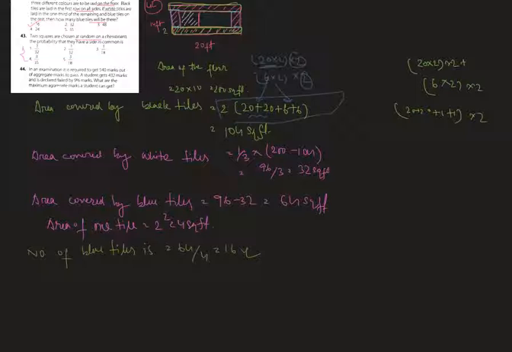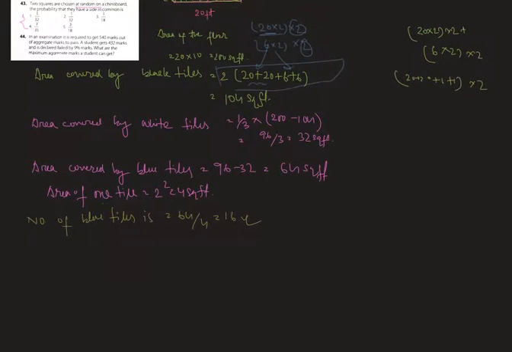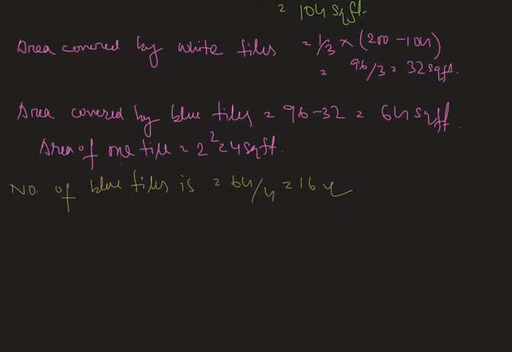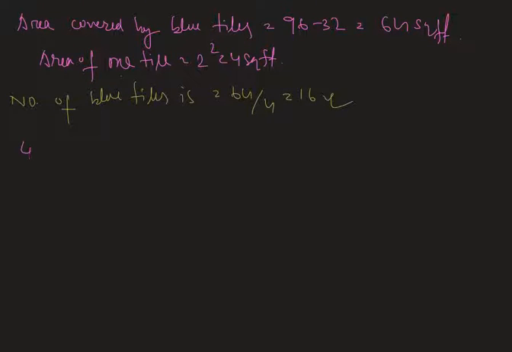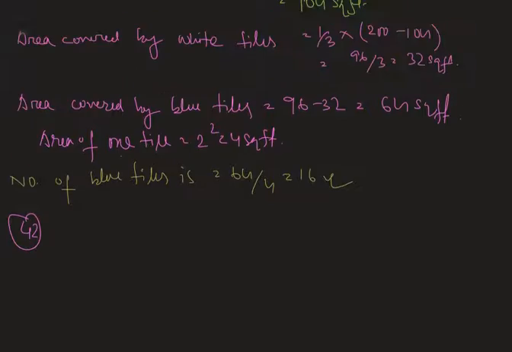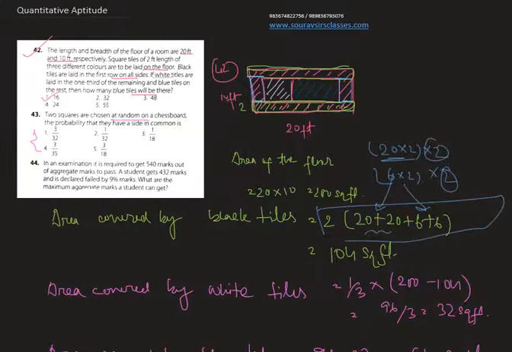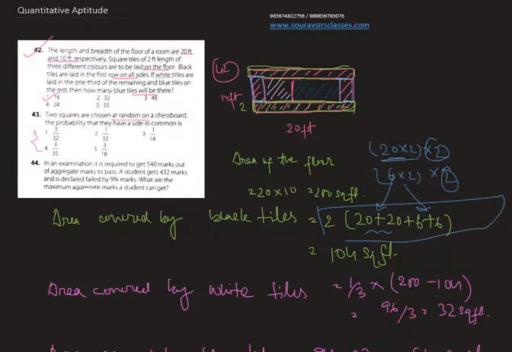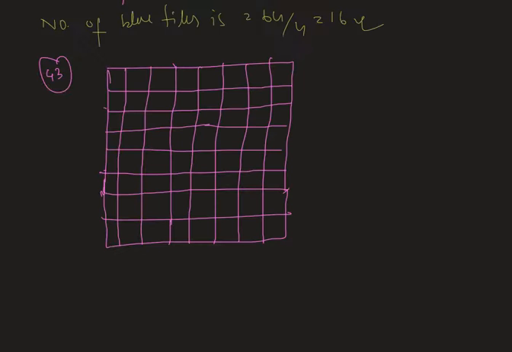Suppose this is a pictorial representation of a chessboard with 64 squares.